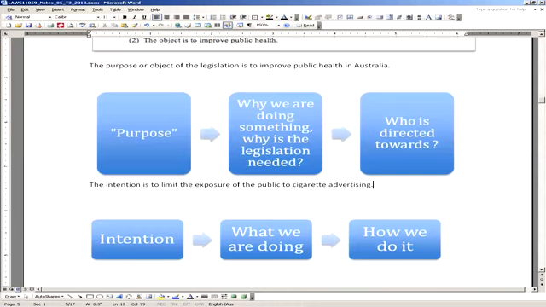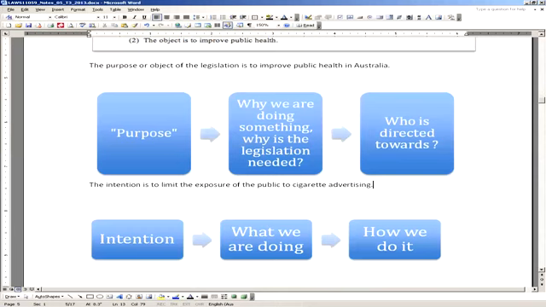But I think here the key is the purpose flows on to why we are doing something and who it is directed towards. And this is a classic academic breakup of something which is not necessarily a judicial approach. That is, I don't think you'll find a judge articulating a stepping stone approach like this.